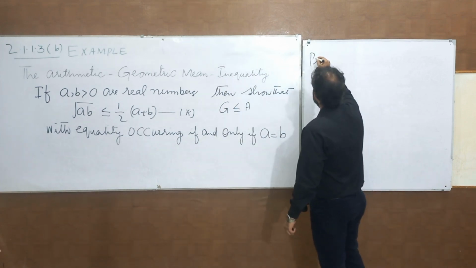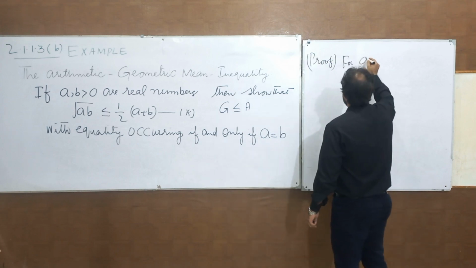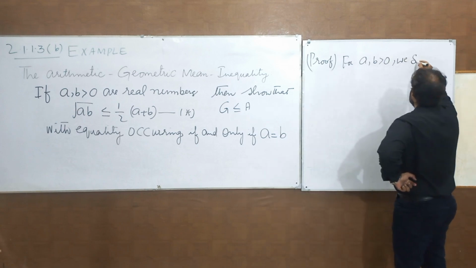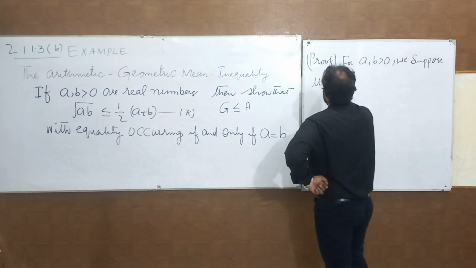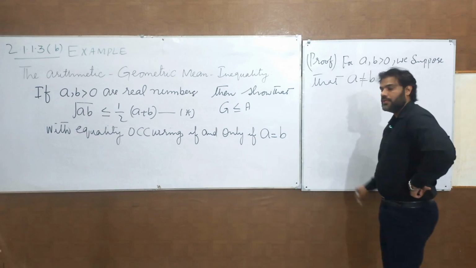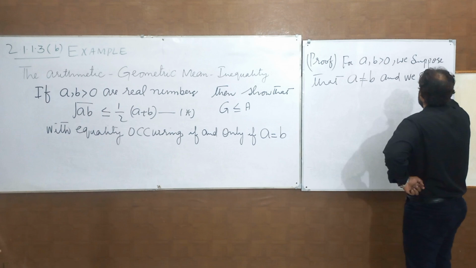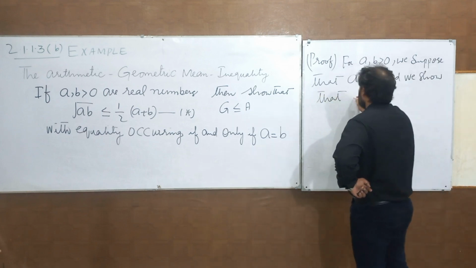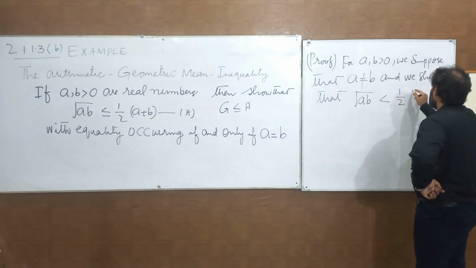Proof. For A, B greater than 0, we suppose that A is not equal to B, and we show that the geometric mean, square root of AB, is less than the arithmetic mean.